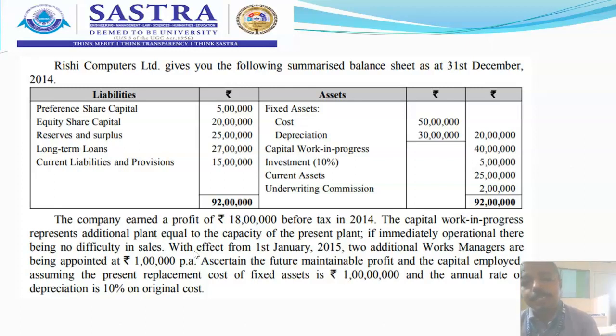So all these are some of the examples. So we need to adjust for any matter suggested by notes which are appended to the accounts or by the qualification in the auditor's report. So that has to be taken into consideration while valuing the profit for calculating the goodwill. Then another important area is depreciation.